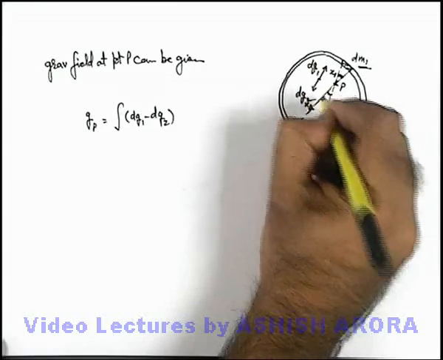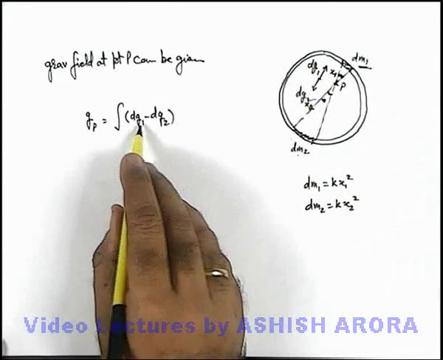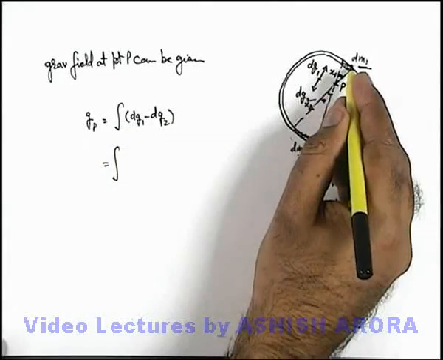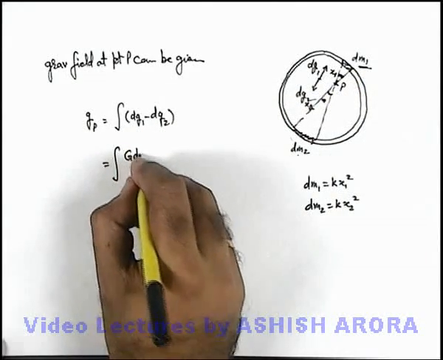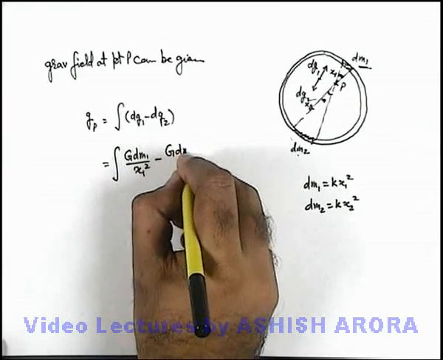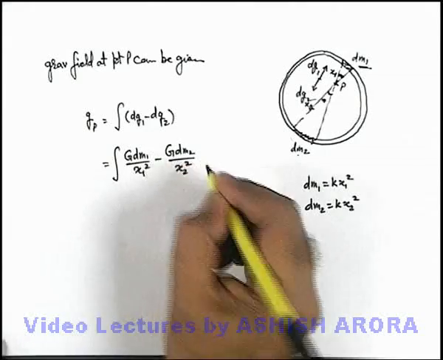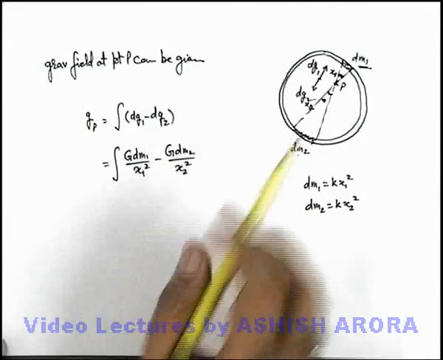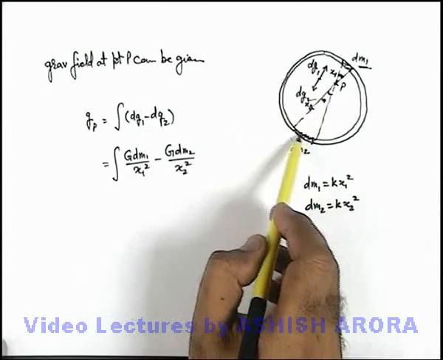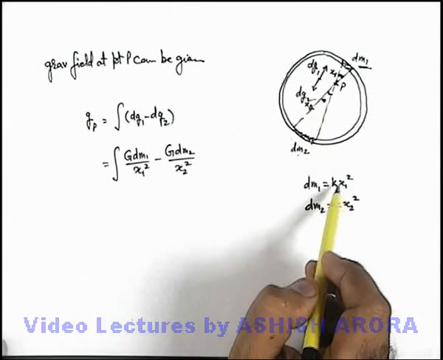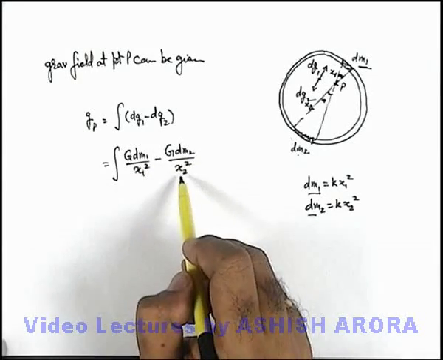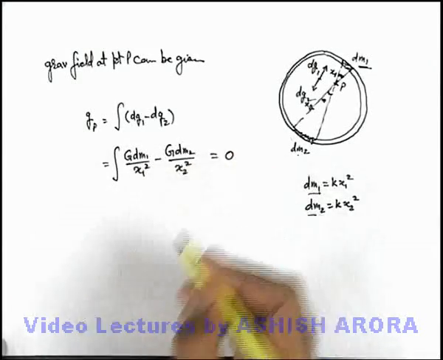So if we substitute the values of dg1 and dg2, due to the point masses, using the result, it will be G dm1 by x1 square minus G dm2 by x2 square. As we already discussed, these elemental masses are directly proportional to the square of the distance of these elements from point P. If we substitute the values of dm1 and dm2 over here, these x1 square, x2 square get cancelled out and the final result will be 0.